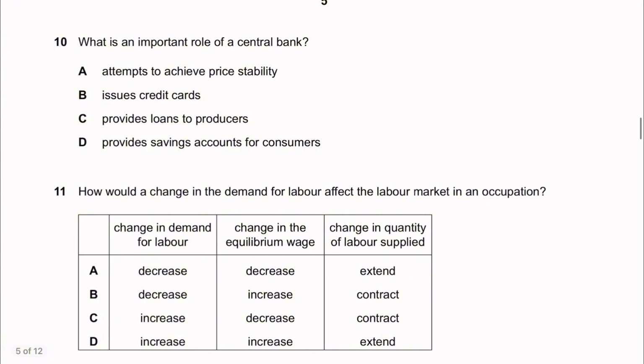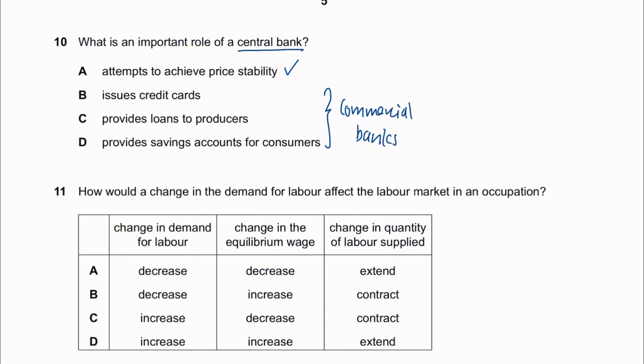Okay, question 10. What is an important role of a central bank? Central bank attempts to achieve price stability. Yes, correct. Issue credit cards, provides loans to producers, provides saving accounts for consumers. These are all roles of commercial banks.